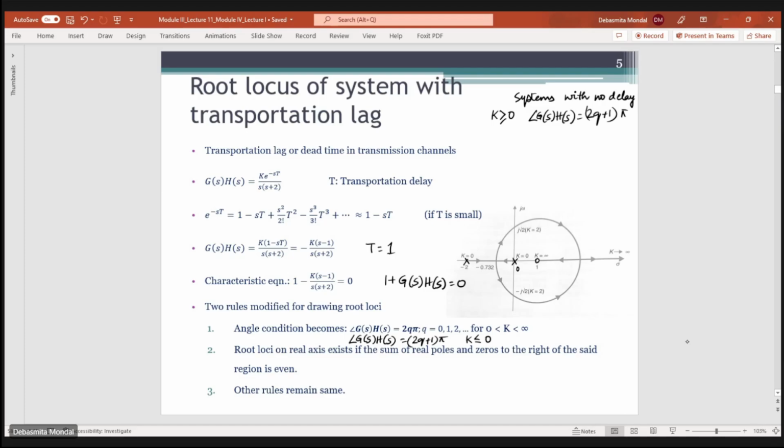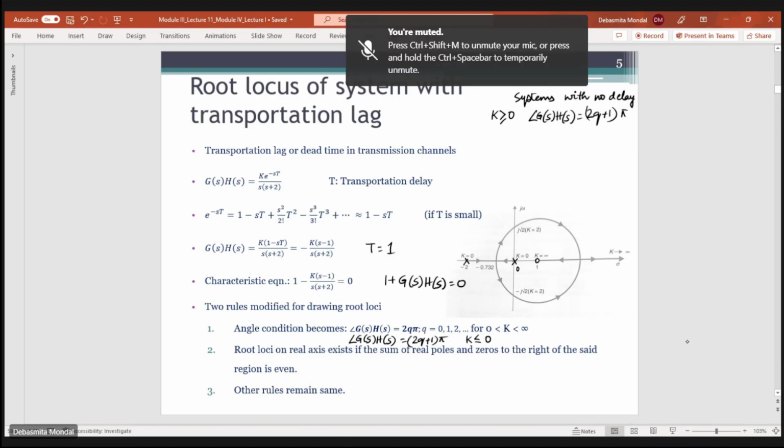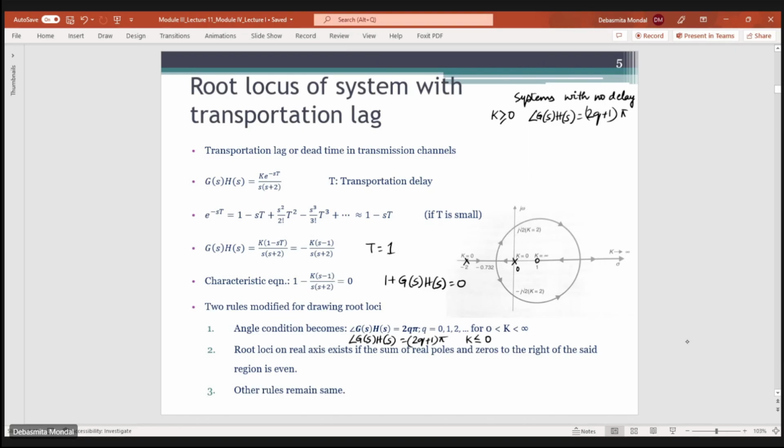So you can say that the root locus will exist between 0 and -2 and between 1 and plus infinity. So the root locus will start from these two poles and move towards each other. They will intersect at some point. This will be the breakaway point.